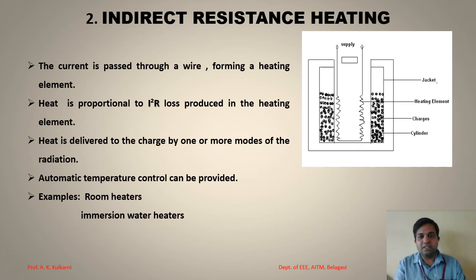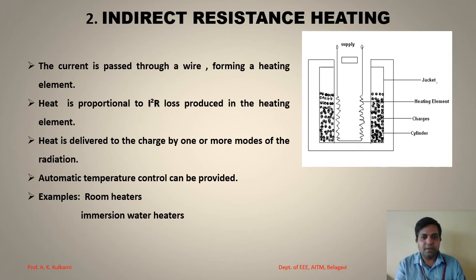This is the diagram for indirect resistance heating. We consider a furnace like this, and we separate the heating element and the charge to be heated. With the help of the supply, the current is passed through this heating element.